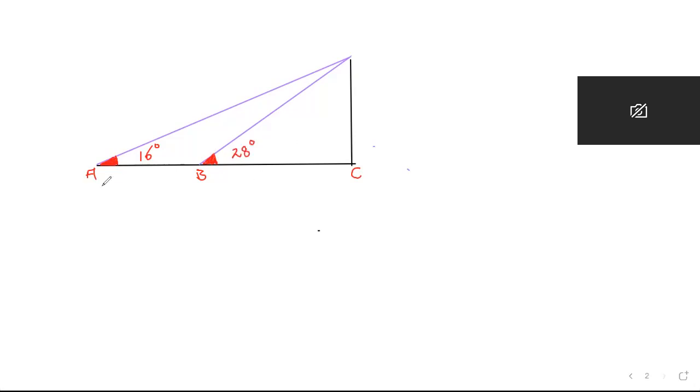And we said that the length of AB is 40, let's say meters. The problem that we were supposed to solve was to find this length, which I called the height, and it just stands by the edge.